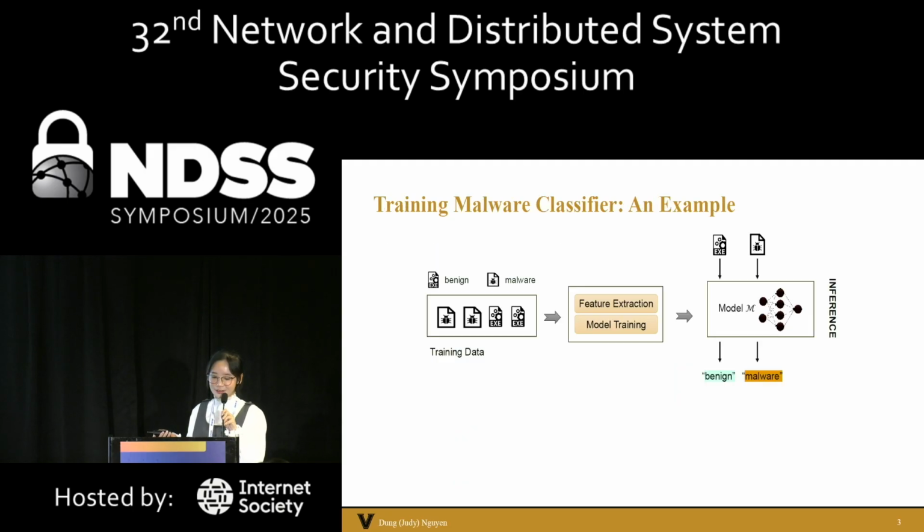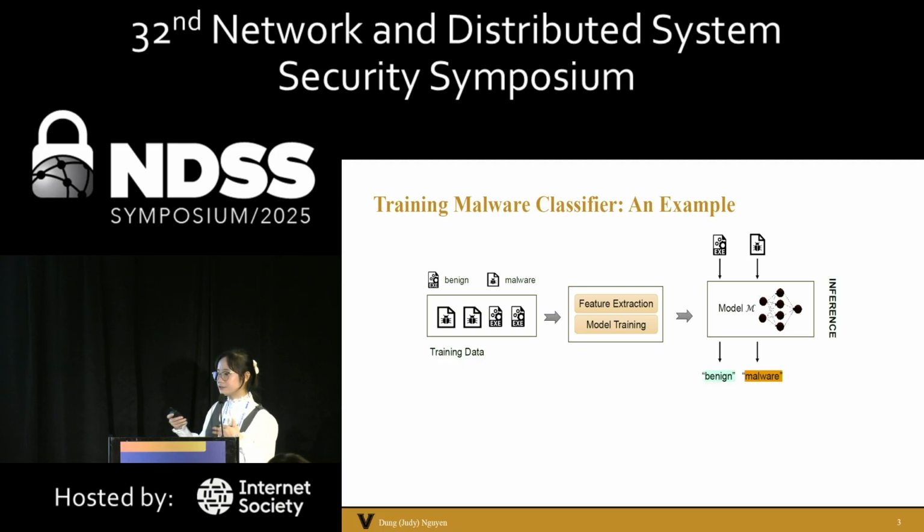So before talking about backdoor attack, let's look into a simplified version of how to train a malware classifier. At first, we need to collect the training data and do the labeling. After we have the data, we can use some static or dynamic analysis or some package to extract the features from the data.